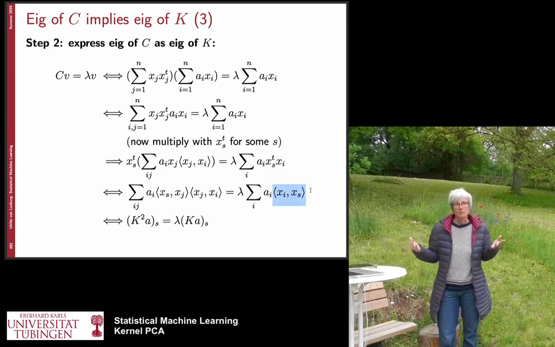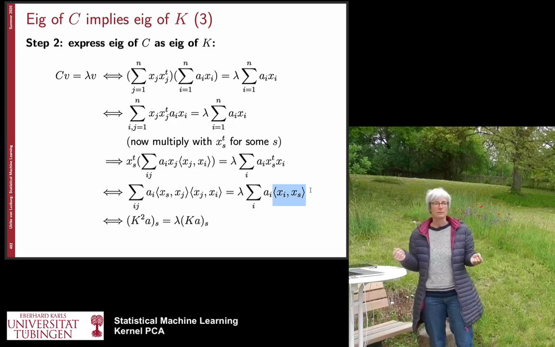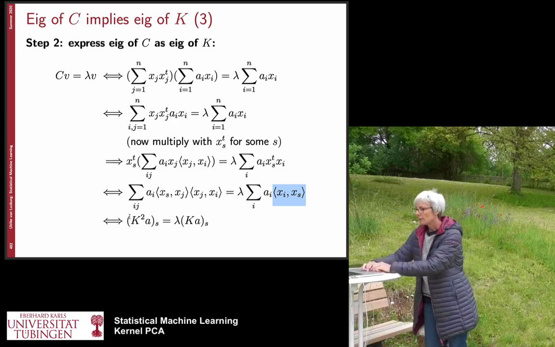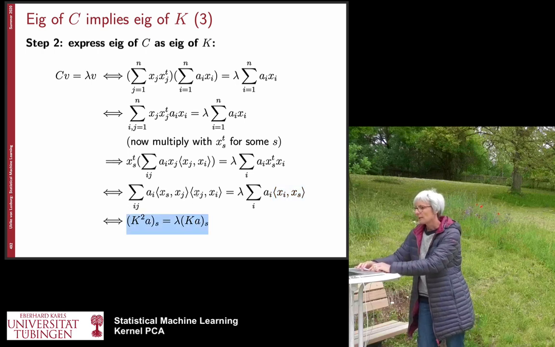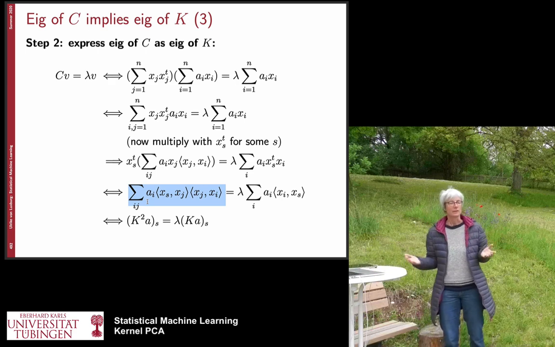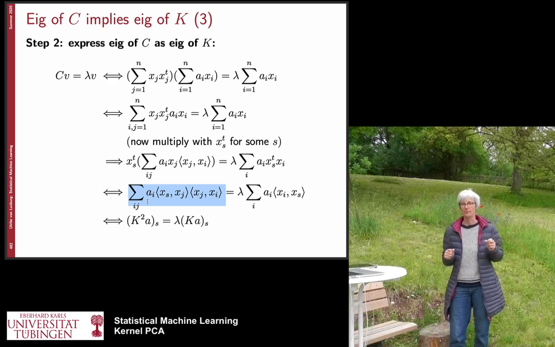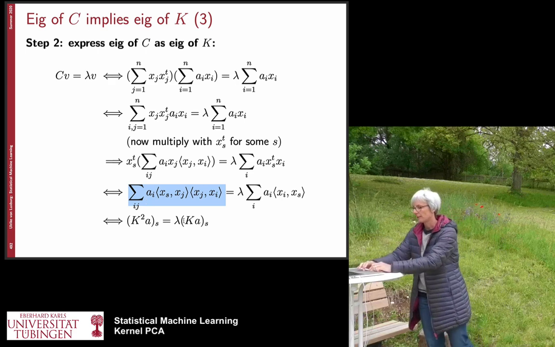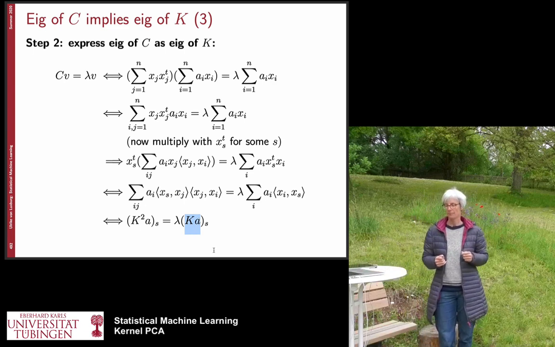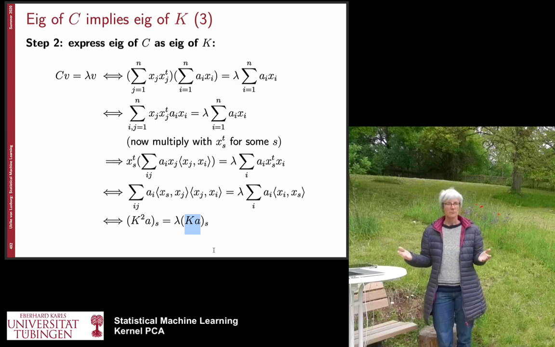And now we can replace the scalar product by the corresponding entry of the kernel matrix, because we're in the linear case. If you look at it closely, you will see that this left hand side is exactly the same as k squared a evaluated at s, and the right hand side is lambda times ka evaluated at s. So far so good.